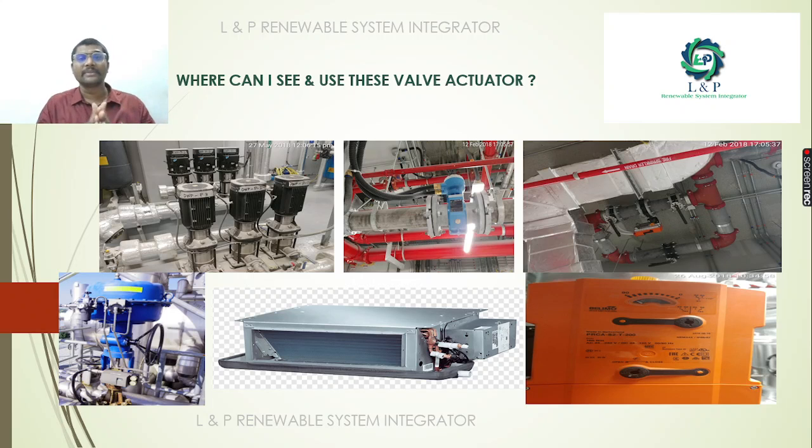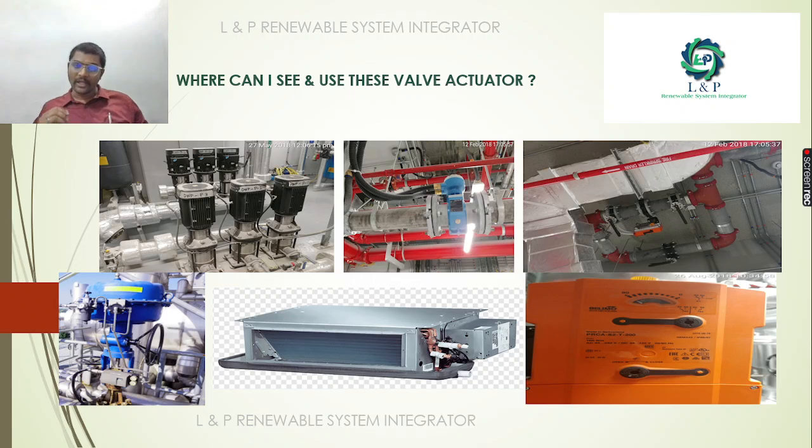The other type is the modulating type, where we use 4 to 20 milliamps current. We give a current as input, 4 to 20 milliamps, and we take the feedback current, also 4 to 20 milliamps.